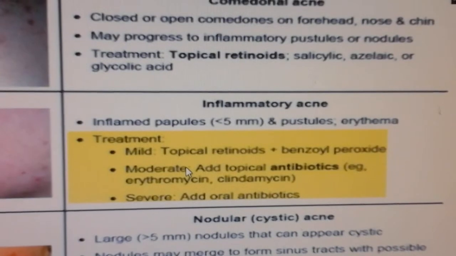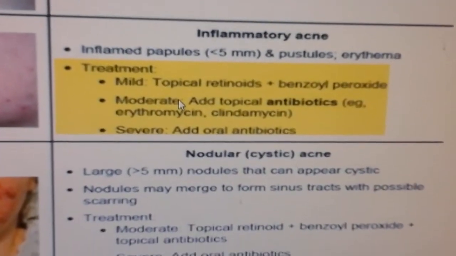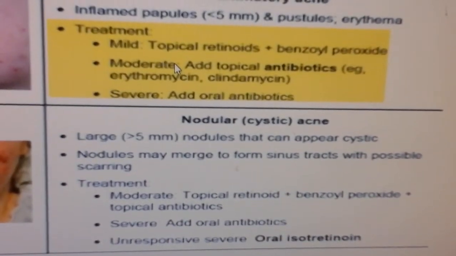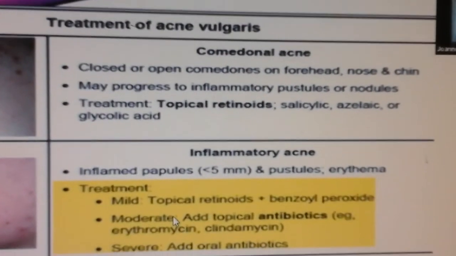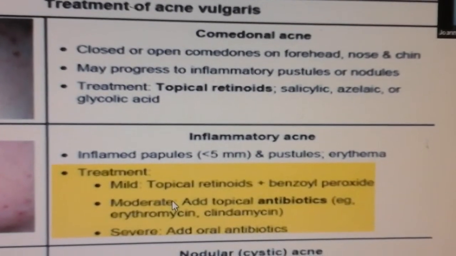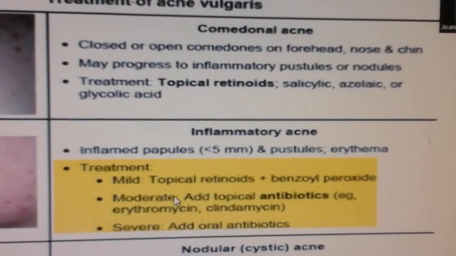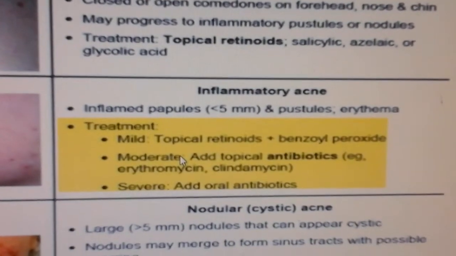So if you are given a patient, and they have mild acne and it's asking you to treat them with topical things, you're going to choose the mild, okay? Cystic, that's when it's bad, right? They need more than just some topical stuff. So first line, we usually use some kind of topical.